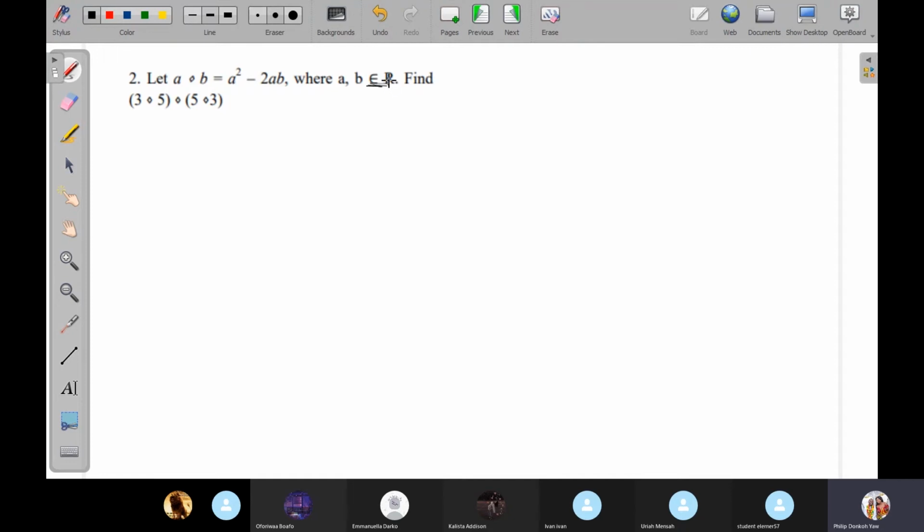So use this rule to find the solution for 3 dot 5, all dot 5 dot 3. I want you to give it a try and give me an answer. I'm giving you 2 minutes to get that done.